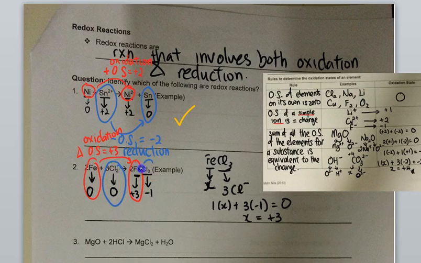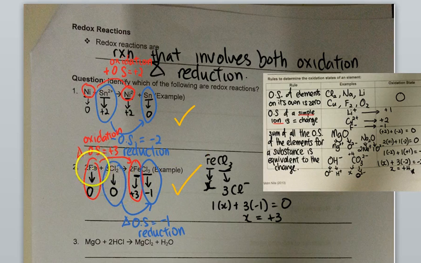If it changes from 0 to -1, you can see for chlorine in this case here, 0 to -1, the change in oxidation state is considered -1. So therefore this is a reduction. So is this redox? Answer is yes.